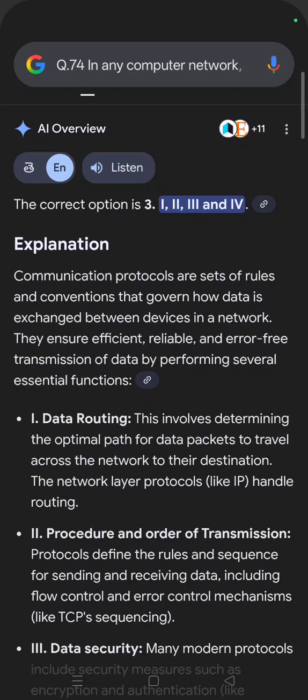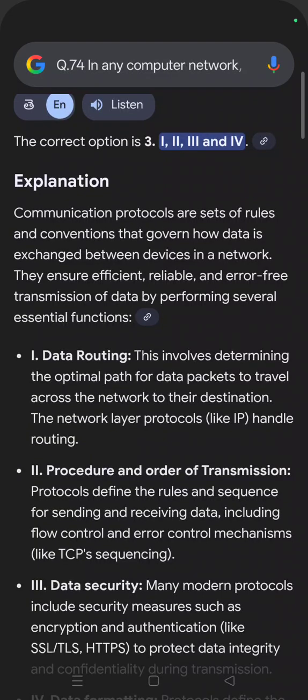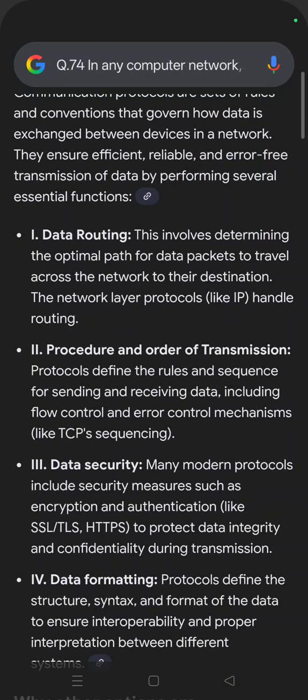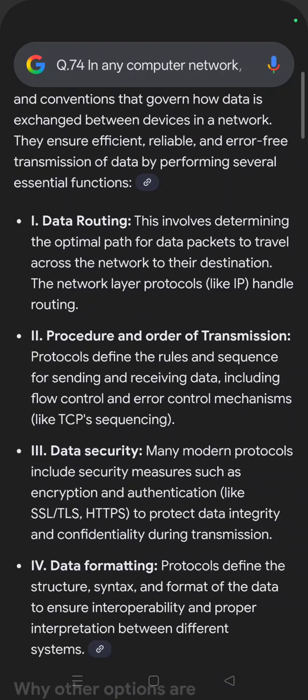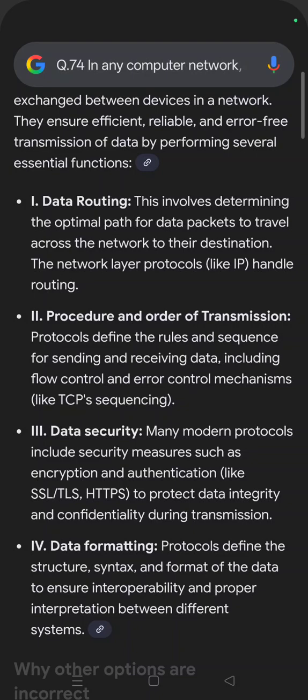The network layer protocols like IP handle the routing. Two, procedure and order of the transmission: protocols define the rules and sequence for sending and receiving data, including flow control and error control mechanisms like TCP sequencing. Three, data security: many modern protocols include security measures such as encryption and authentication like SSL or TLS, HTTPS to protect data integrity and confidentiality during transmission.